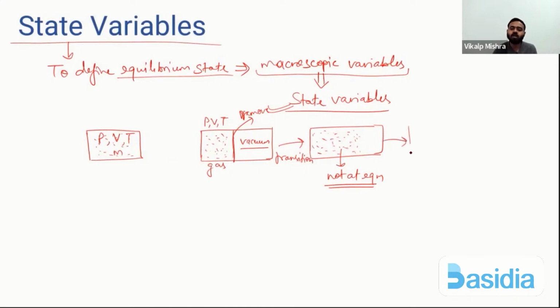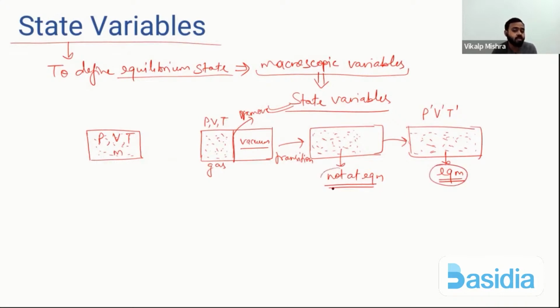Now eventually, after some time, this gas will completely fill this container and it will be at equilibrium condition. So now we can define the pressure of gas, volume of gas, and temperature of gas, and that can be P dash, V dash, T dash. Like that, we can define state variables when the system is at equilibrium.